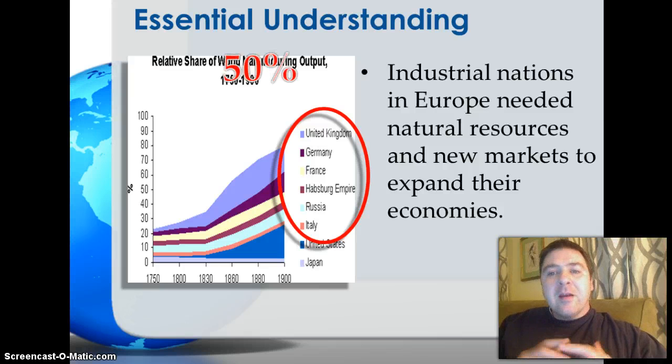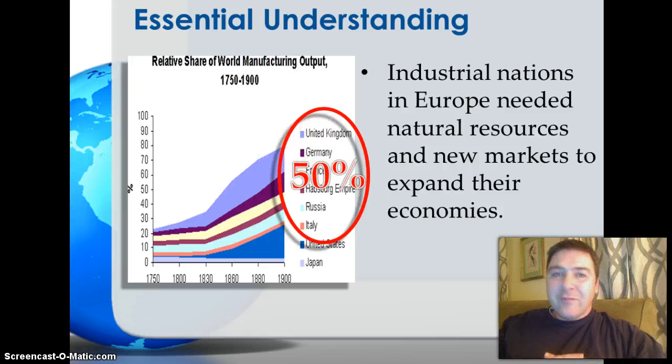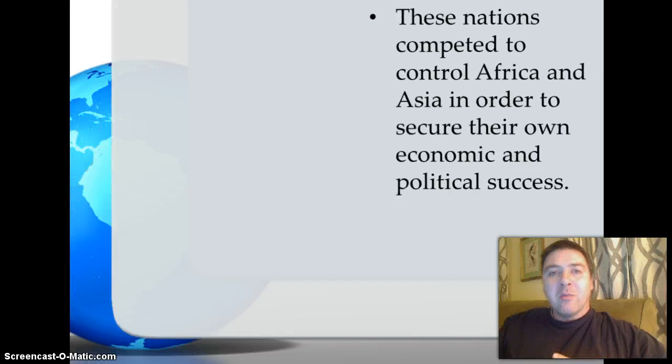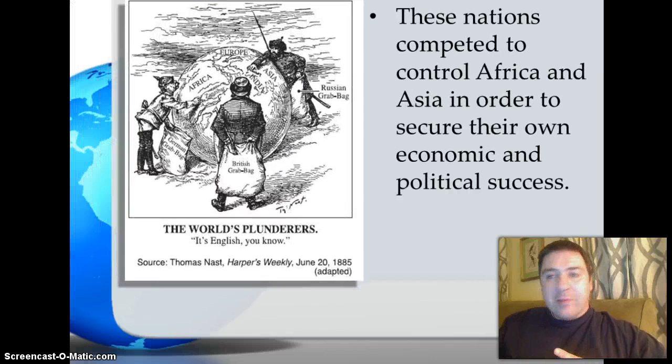By 1900, that had risen to about 50%. Half the products in the world by 1900 were being produced in Europe. And in order for Europe to continue to grow, they needed both the natural resources and new markets to sell their products and for people to buy them.